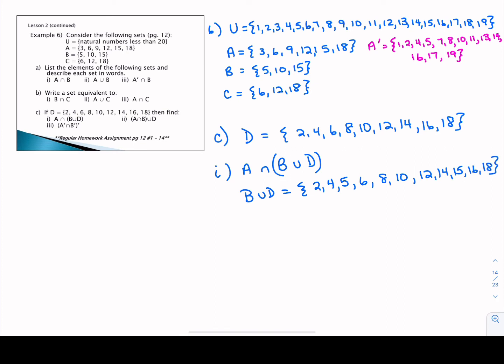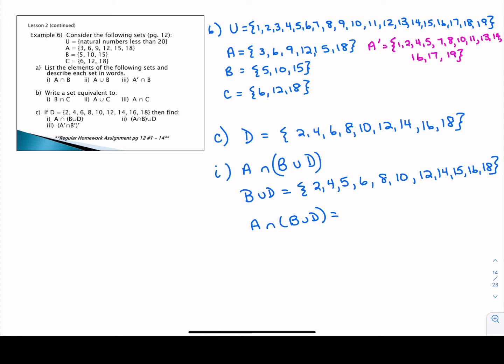So that's the union between B and D. So that's B union D. But now we actually have to find an intersection. So we want to intersect between A and the new union that we just created. So we need to look for common threads between A and B union D.